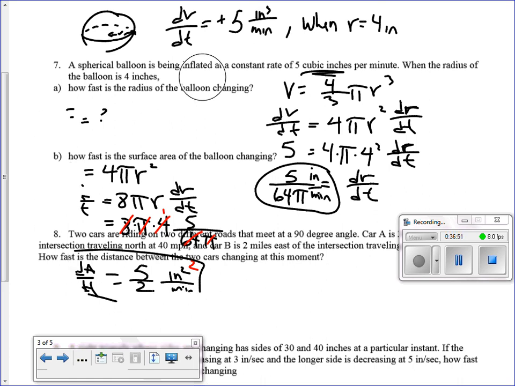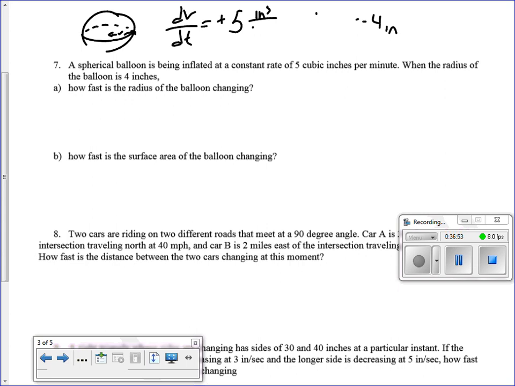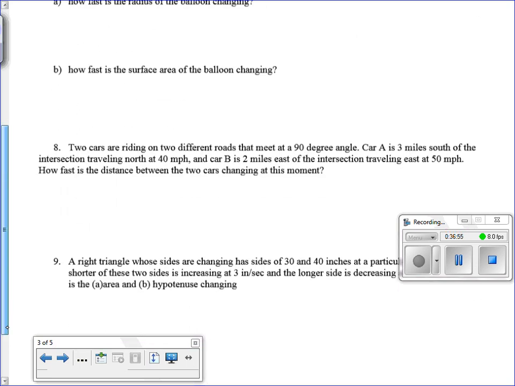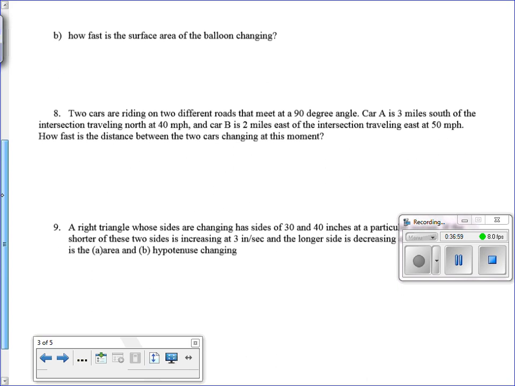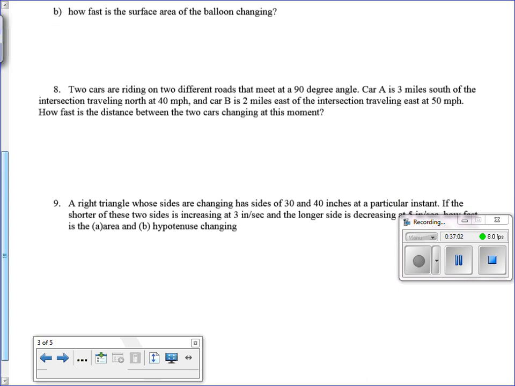Next problem, number 8. Give myself a little room here. Okay. Two cars are riding on two different roads that meet at a 90-degree angle. Car A is 3 miles south of the intersection, traveling north. All right, so here's the point of intersection.